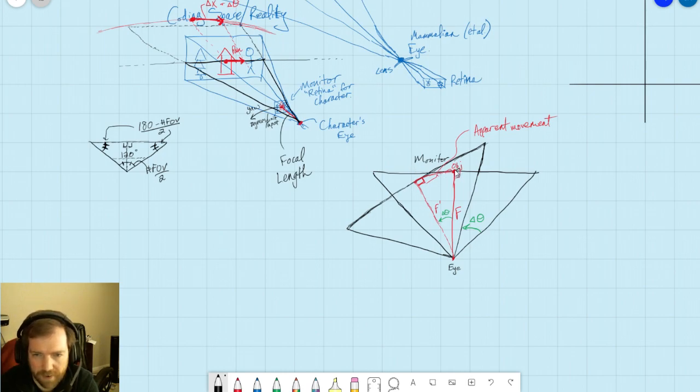Okay, so the apparent location of it is going to be here. So the apparent movement is this now. Which also means that it looks... I see.